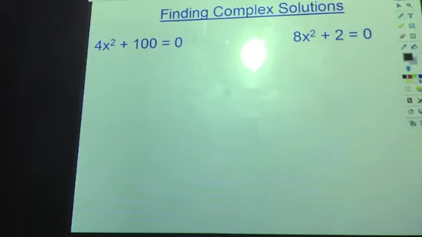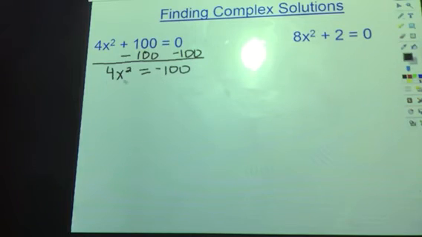Okay, so we're going to have to solve for x to find our solutions. So we're going to subtract 100 from both sides. So now I have 4x squared is equal to negative 100.